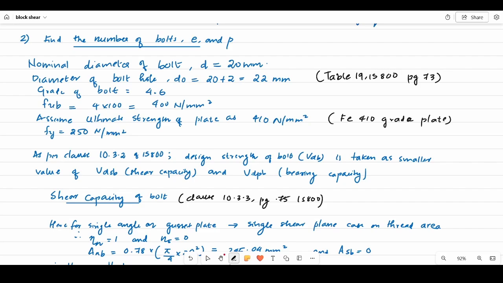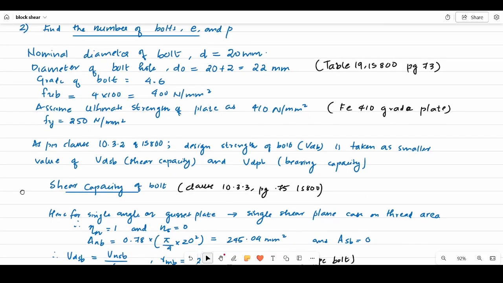Now we will be calculating the shear capacity and bearing capacity of the bolt, and the smaller value will give you the design strength. And to find the number of bolts, we have to take the ratio of total factored load, which is 200 kN, divided by the design strength of a single bolt.